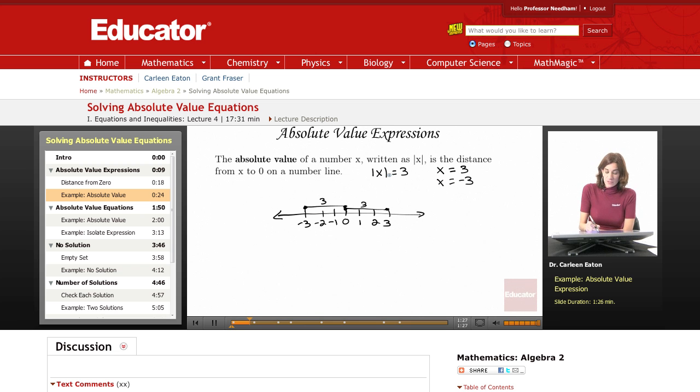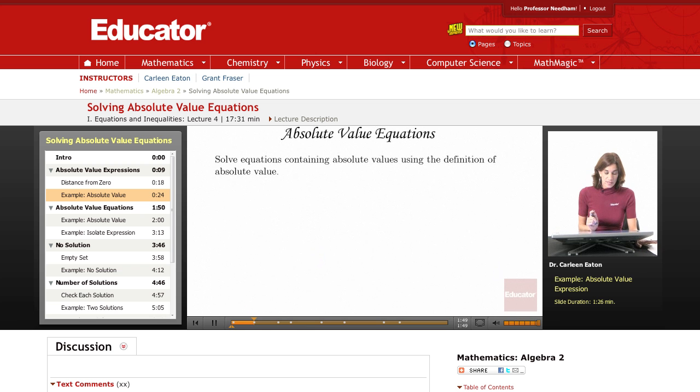So if the absolute value of x equals 3, x could be 3, since the absolute value of 3 is 3, and x could be negative 3, since the absolute value of negative 3 is also 3. So knowing this and really understanding this definition will allow you to solve equations involving absolute value. Again, you can solve equations containing absolute values using the definition of absolute value.